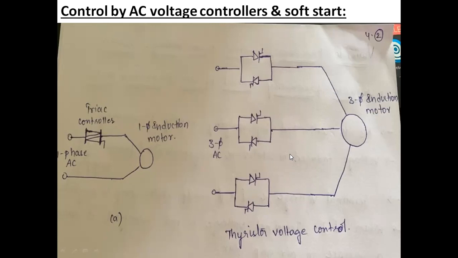Generally, industrial fans and pumps are usually driven by three-phase motors. The figure shows commonly used thyristor voltage controllers for speed control of three-phase motors. These motors can be connected either in star connection or in delta connection.